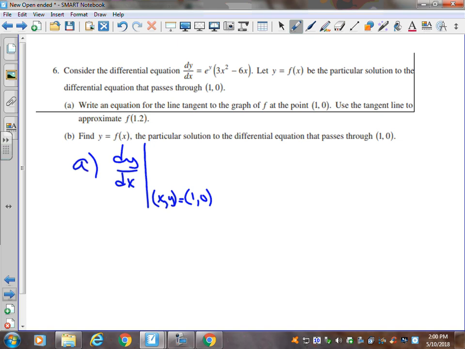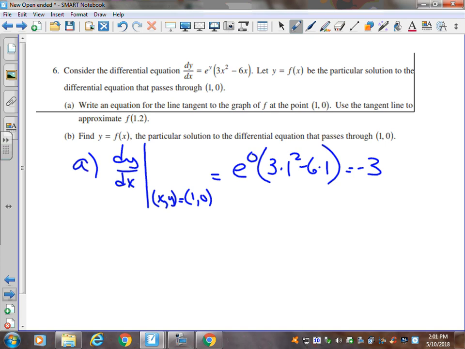So we plug that in: e to the 0, 3 times 1 squared minus 6 times 1, and come up with the final answer, and that'll be worth 1 point. It's just 3 minus 6, isn't it? Because 1 times anything's not going to change it. So it's -3. Everybody agree?